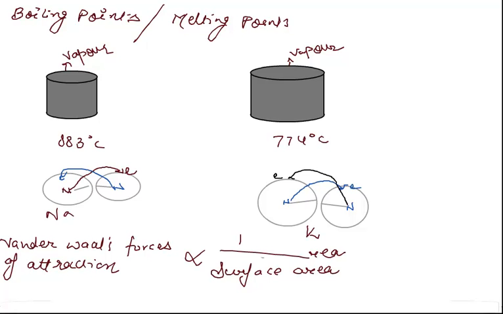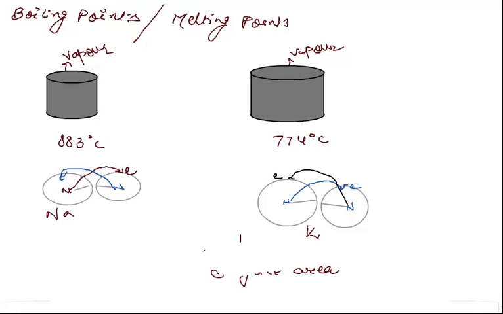So in which case the van der Waals forces of attraction will be more? They will be more in case of sodium. If I don't give this concept of surface area, then also it's okay. So what I'll write here is that in case of sodium, the van der Waals forces of attraction is more.